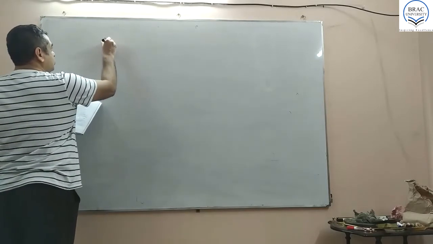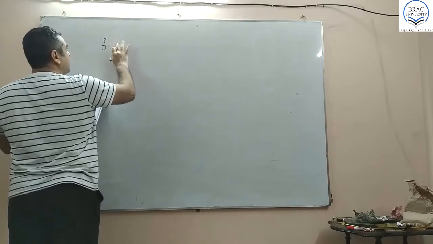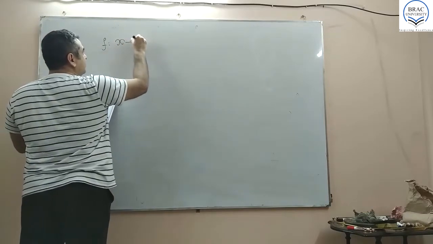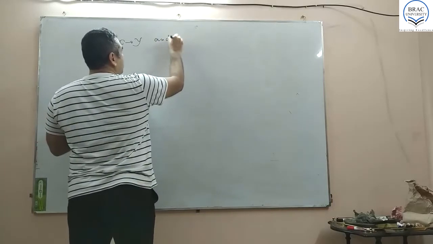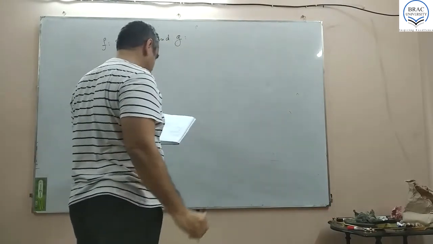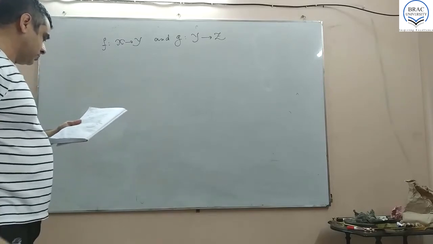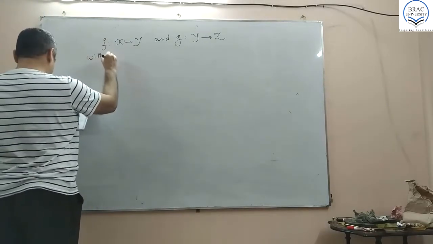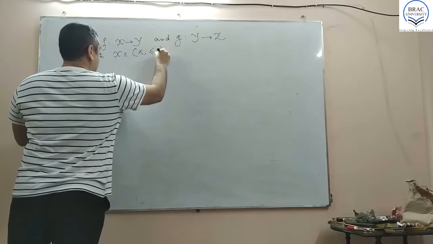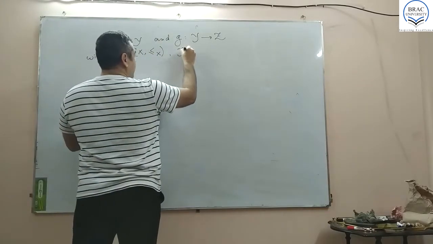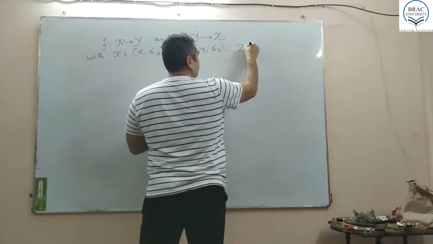See that F is taken to be the following pre-order morphism, and G is another pre-order morphism from Y to Z, with calligraphic X being the pre-order given by this pair, calligraphic Y the pair, and calligraphic Z the pair.